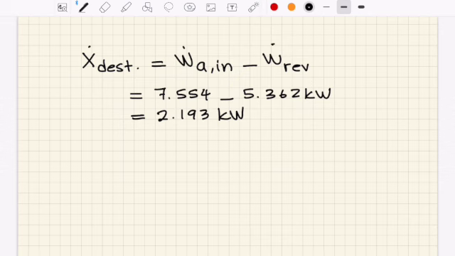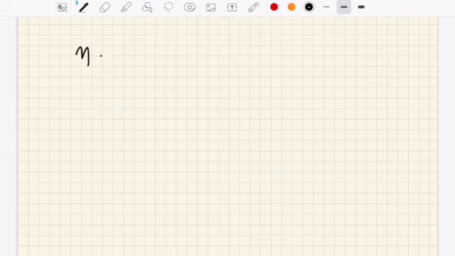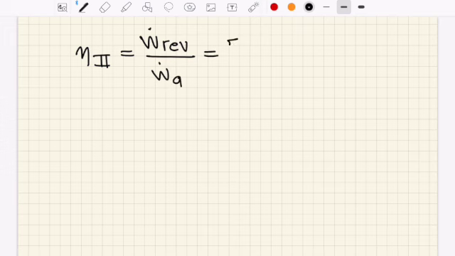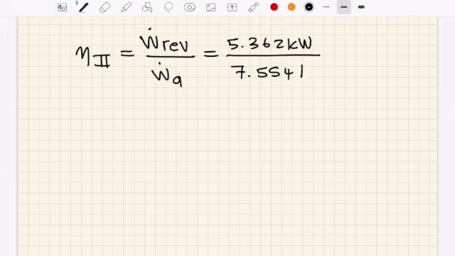The second law efficiency will be basically the reversible over the actual, which is 71%.